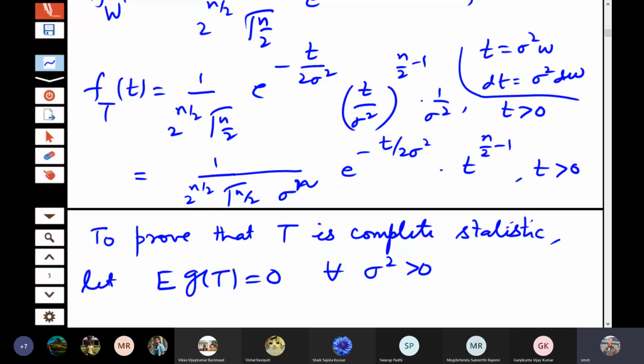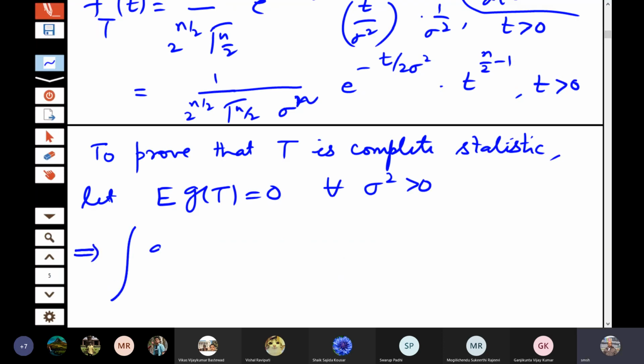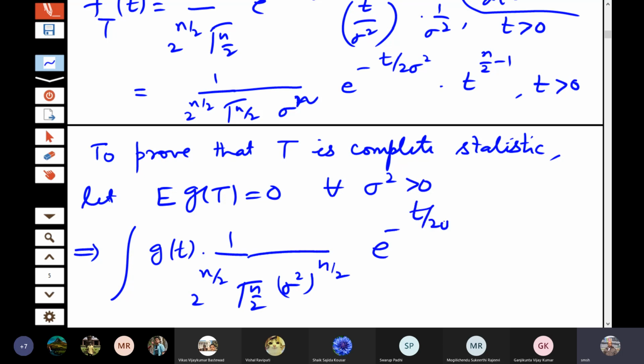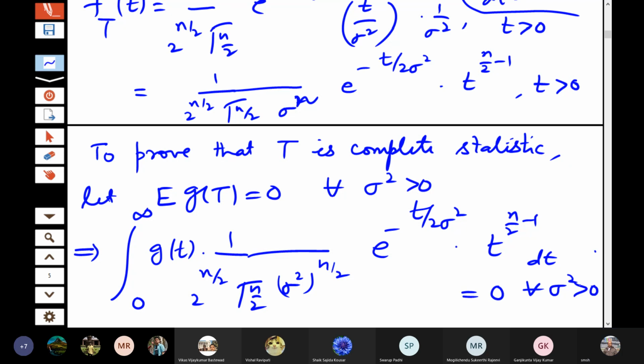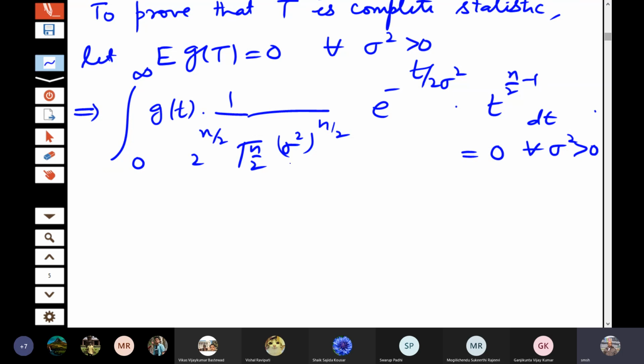Now you write this expression: integral g(t) 1 by 2 to the power n by 2 gamma n by 2 sigma square to the power n by 2, e to the power minus t by 2 sigma square. Since this integral is 0 for all sigma square, all these terms are constant, I can forget about that.